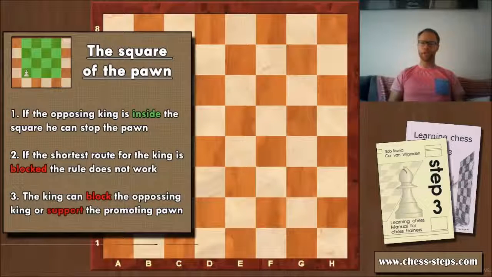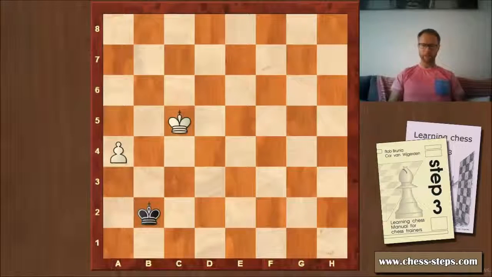I showed you that you can use your own king to shield off an enemy king, and I showed you that you can assist your own pawn with promoting by simply walking along. Some important themes that will help you to calculate and value endgame positions a lot better, and in the end will win you a lot of games.